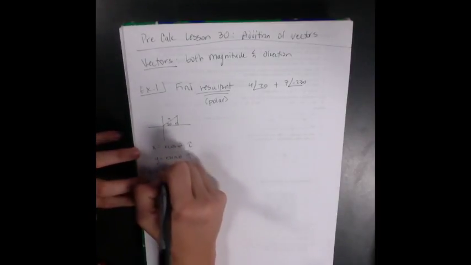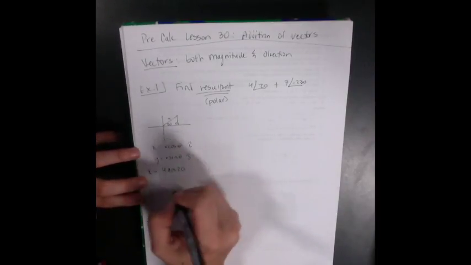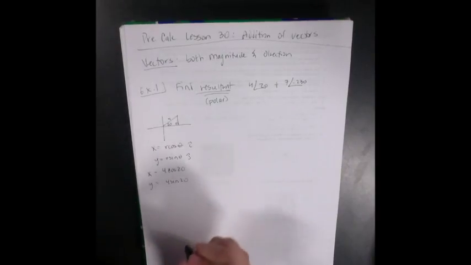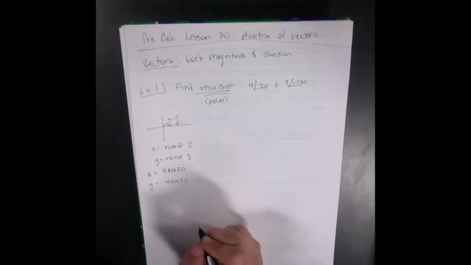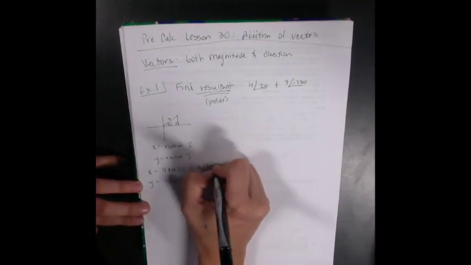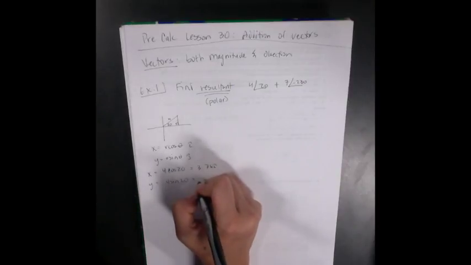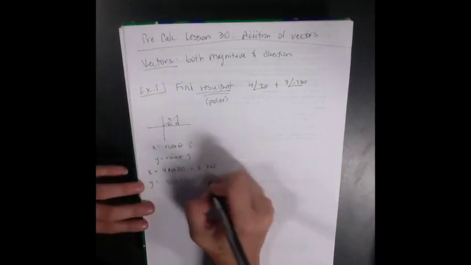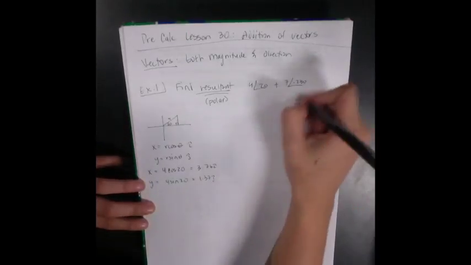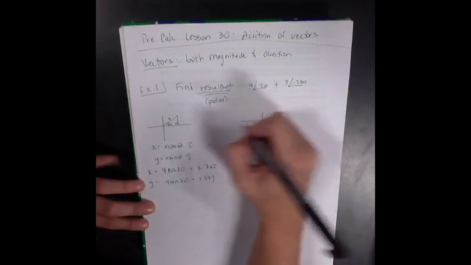So x is going to be 4 cosine of 20. Y is going to be 4 sine of 20. Now we cannot get exact answers on this. So this is going to be 3.76 i hat, and this will be 1.37 j hat.